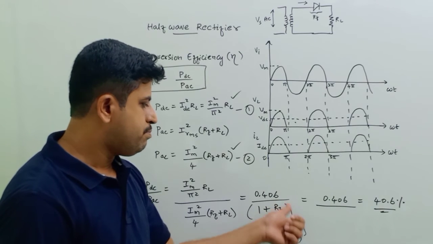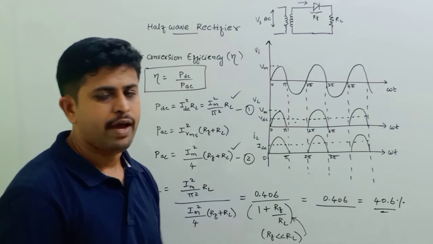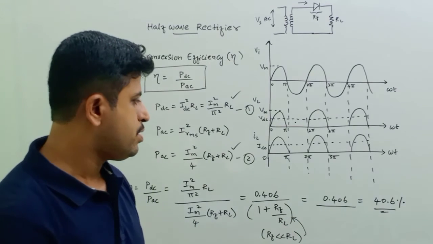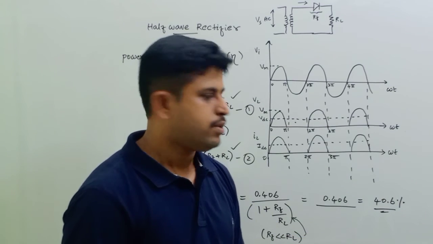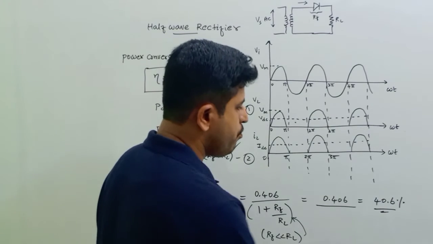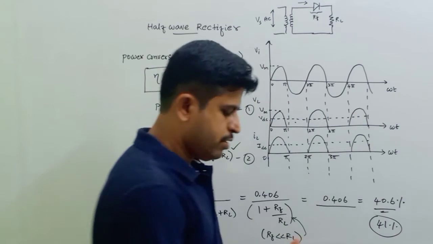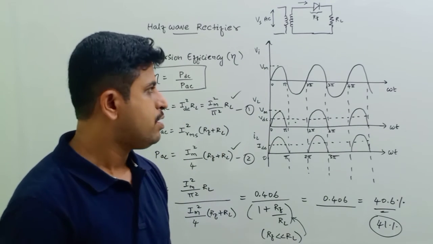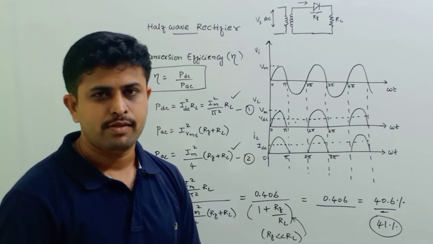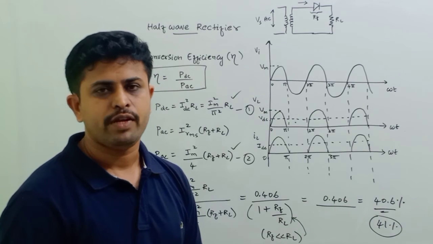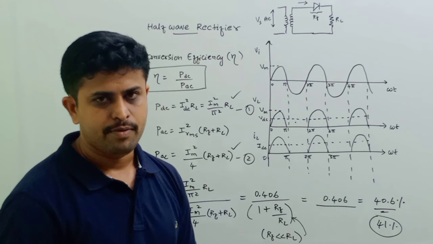Therefore this term becomes 0 here, and finally we get a value of 0.406, nothing but 40.6 percent. That means we can say approximately 41%. So the power conversion efficiency of your half-wave rectifier, which is converting AC to DC, is around 41%. The half-wave rectifier has a 40.6% conversion efficiency.